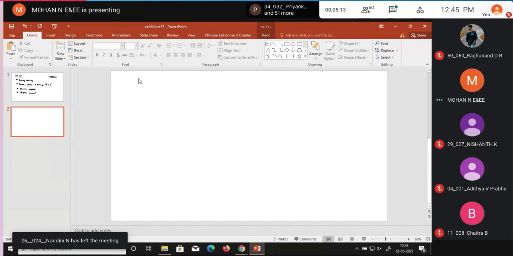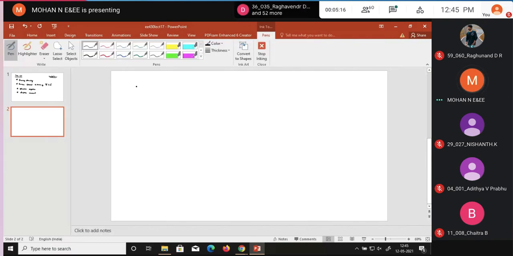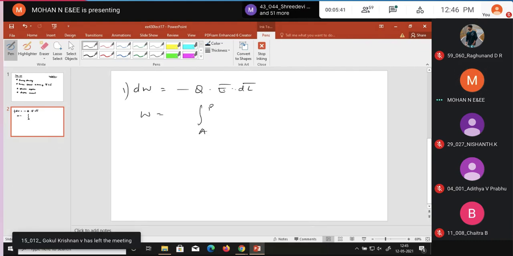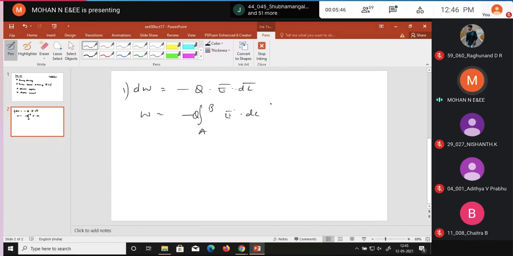For example, the work done in moving a point charge against the field is given by Q into E vector dot dl vector from infinity to that point. If you integrate it over a distance, that is nothing but minus Q into E dot dl vector. This is joules.